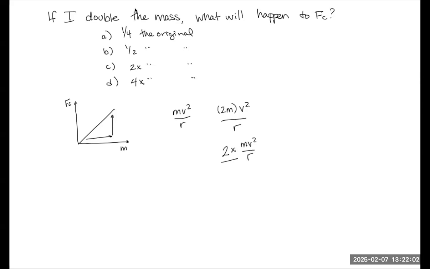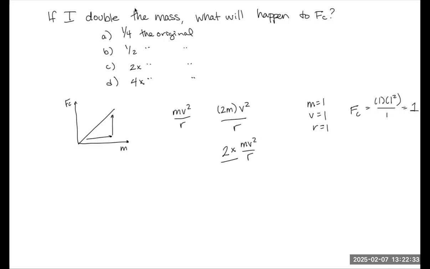Both of these are fairly abstract ways of thinking about this. Another thing we could do is just pick an original mass, an original velocity, and an original radius. And I'm going to be very easy on myself and say that my mass, velocity, and radius are 1. So my centripetal force would be 1 times 1 squared over 1 for a grand total of 1.